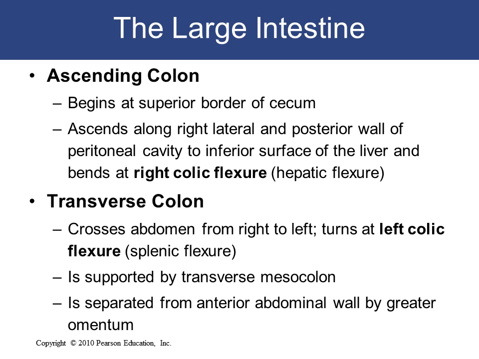It's usually hanging to the level of umbilicus at the vertebral level 3, that is lumbar 3. But in tall people, the transverse colon may extend into pelvis. And this transverse colon is supported by transverse mesocolon and is separated from anterior abdominal wall by the greater omentum.